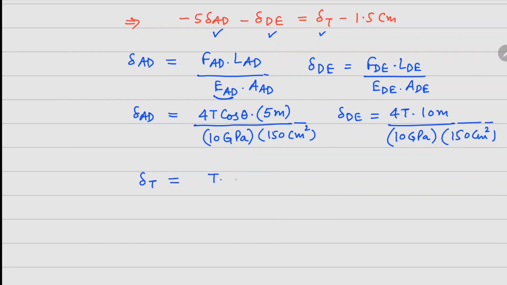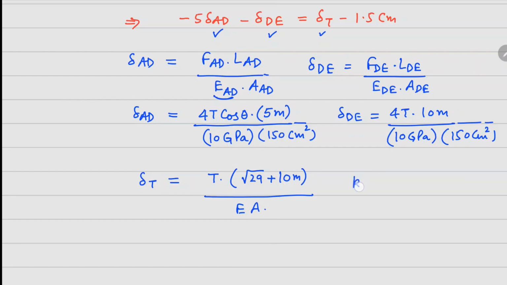So T times the overall length of the cable, which is the slanted length, square root of 29, plus vertical length, which is 10 meters, in meters, divided by EA. Now how do we get this value of EA?